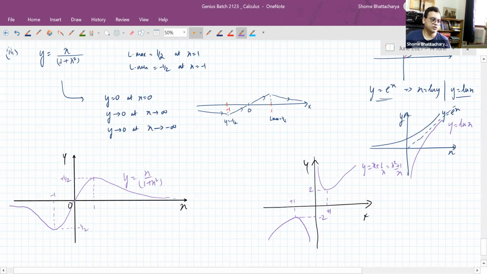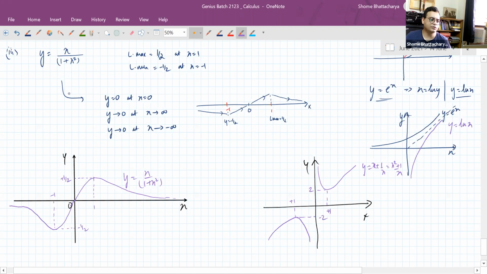Another thing you can see in the graph is that for the region of the domain where x is very close to 0, the graph is almost like a straight line passing through the origin, which is y equal to x. Because when x is very small, the denominator is almost equal to 1. So basically, the function is like y is equal to x upon 1 plus some negligible term.